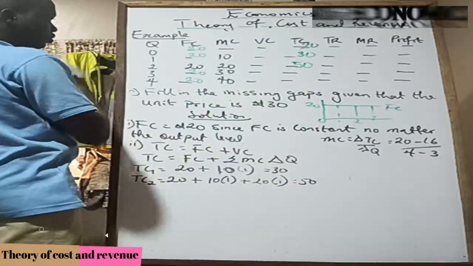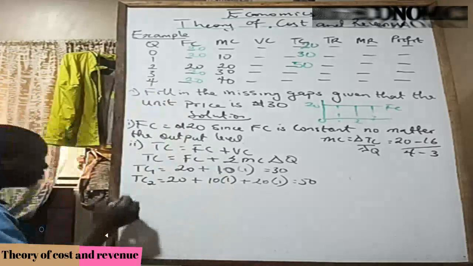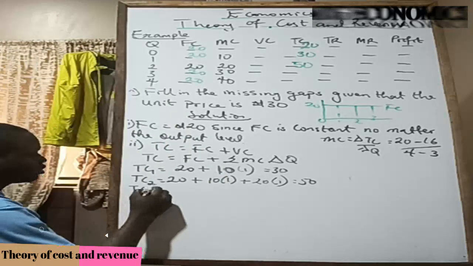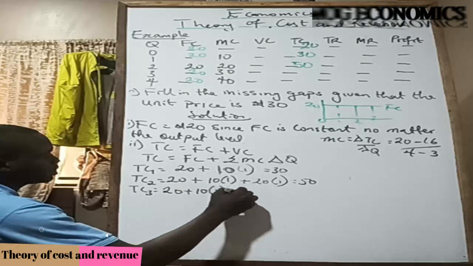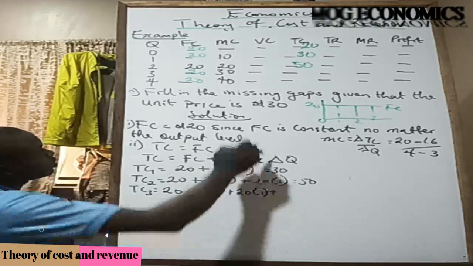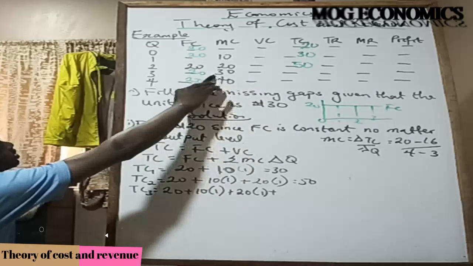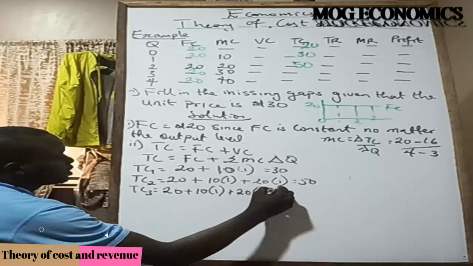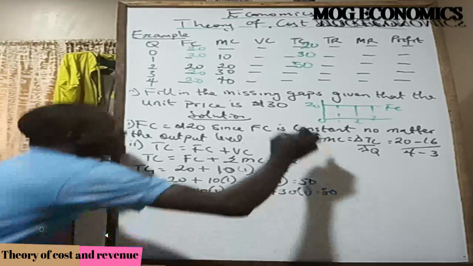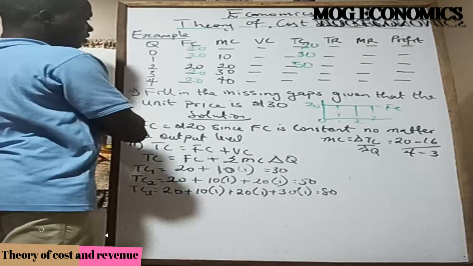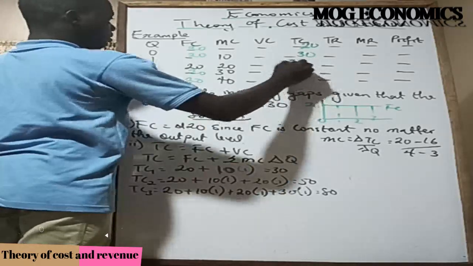Okay, then the next one, TC3. So TC3 is going to be equal to 20 plus 10 into bracket 1 plus 20 into bracket 1 plus, what's the next MC? The next MC here is 30, plus 30 into bracket 1. And this is going to give us 80. So this is 80. All right.